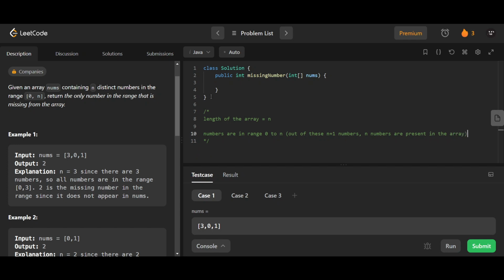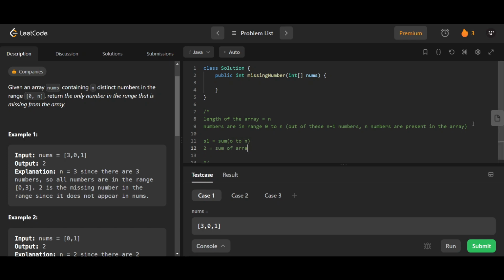Right. So one of the things that comes to my mind is, how about I sum 0 to n? How about I sum the numbers in the array, and whichever is missing, that would be the answer. So I do something like s1 equals sum 0 to n and s2 equals sum of array.